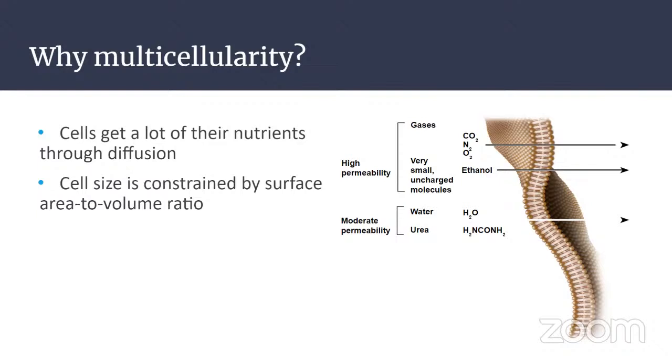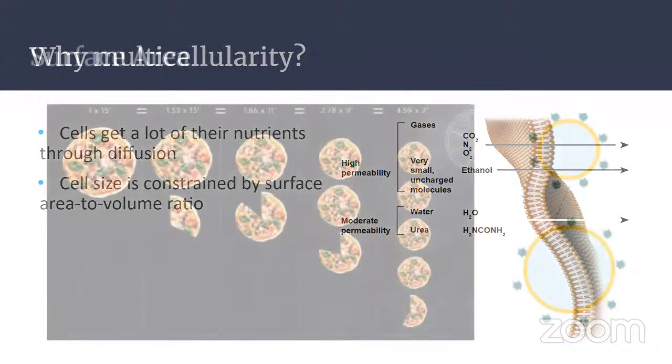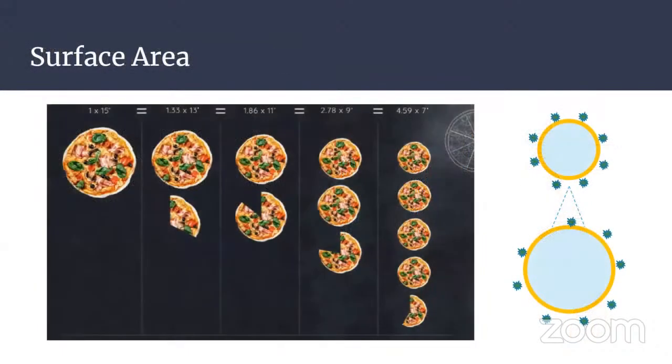So cell size is actually constrained by the surface area to volume ratio. So you can think about it kind of like a pizza, right? So if you were waiting for the inside of a tiny cell to get an oxygen molecule, right? You're just waiting for oxygen to bump into the cell layer and come in, right?